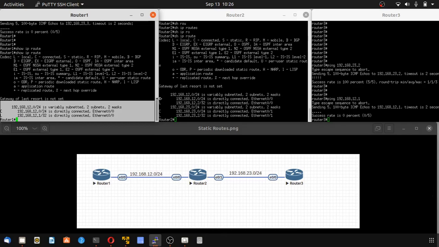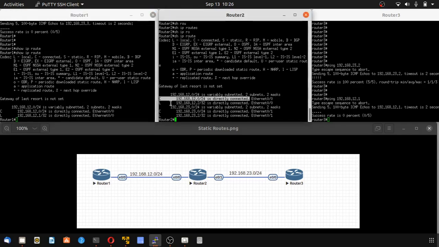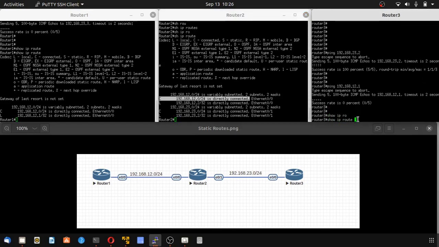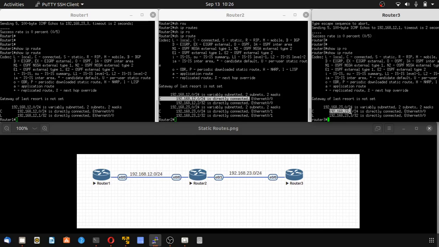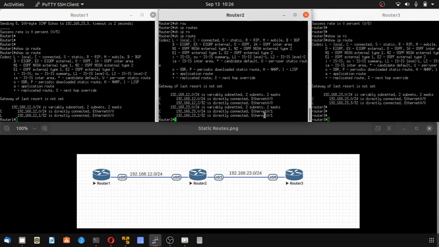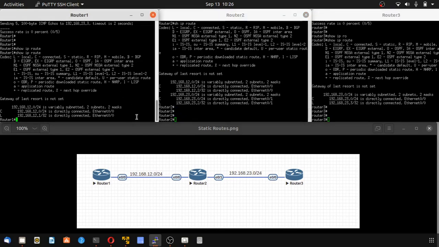You can see here it's directly connected, right? And the same way, show IP route, you will see it has only the information about the 23 network, not the 12 network. So for that we require routing protocols.